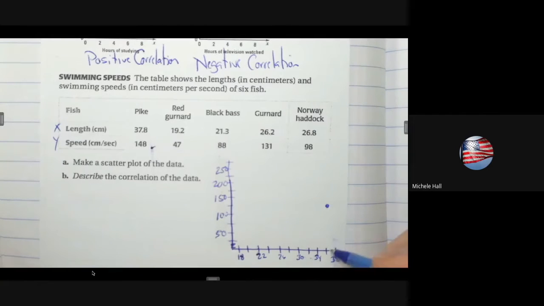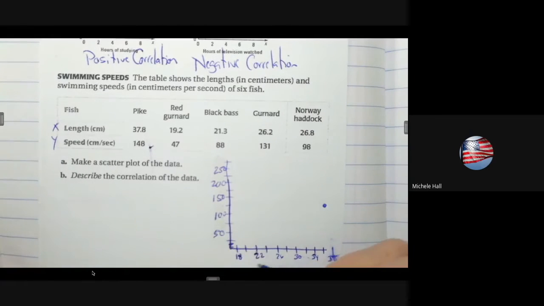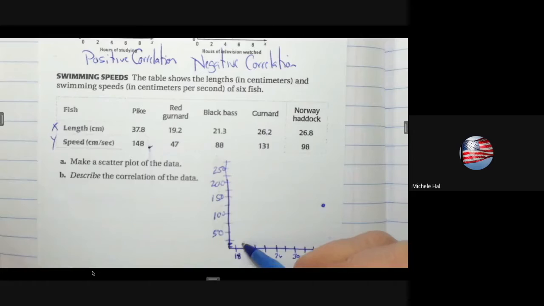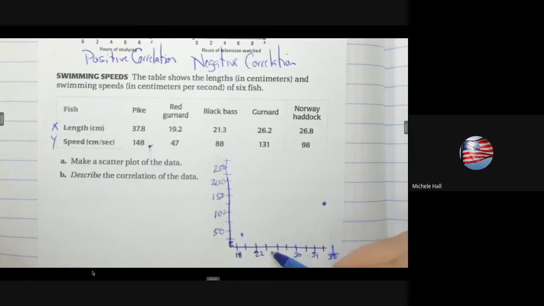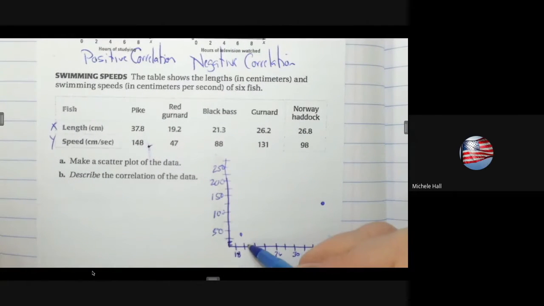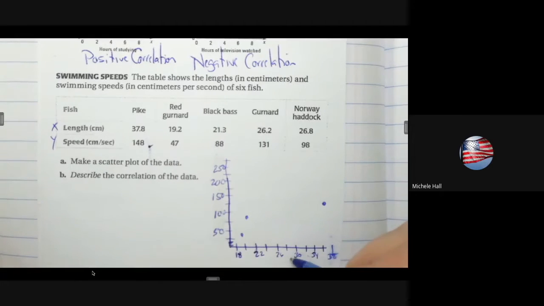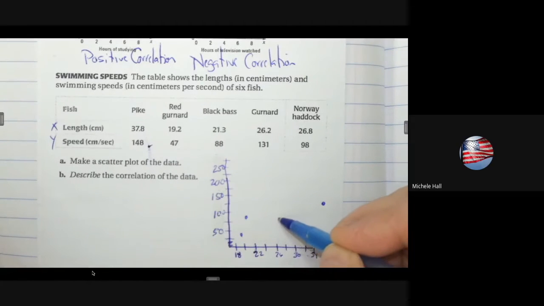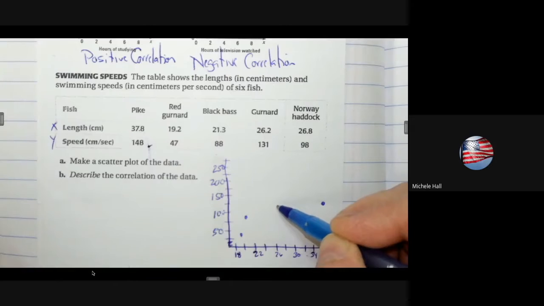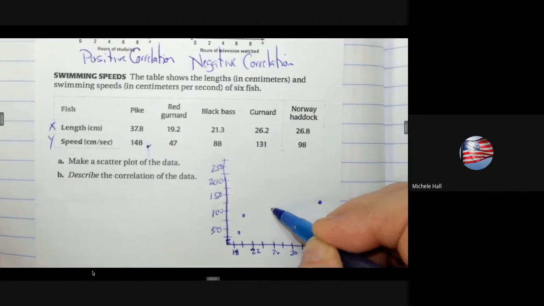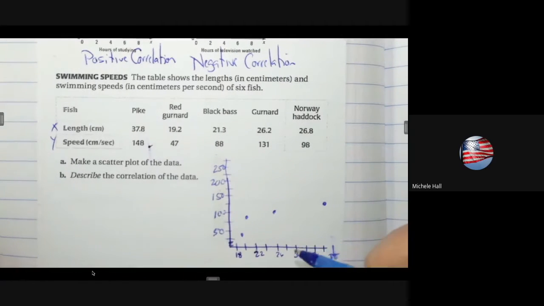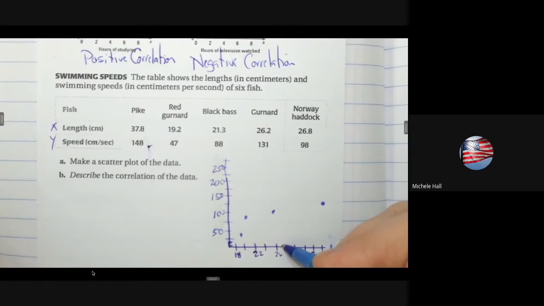When X is 19.2, we get 47, 21, 88, 26 and 131, 26.8 and 98.